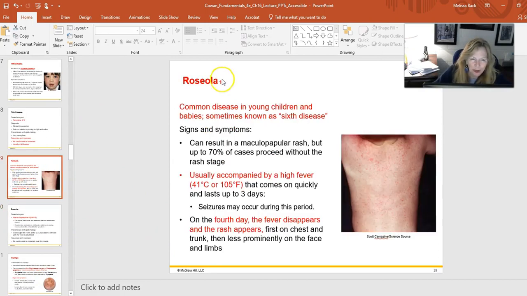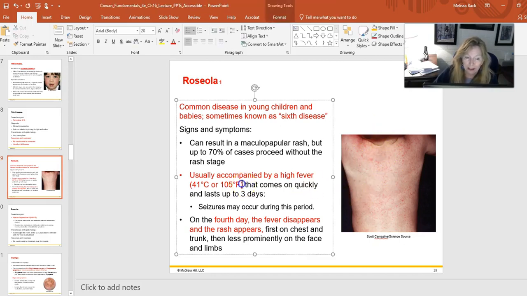Roseola. Roseola is again a very common disease in young children. This is referred to sometimes as the sixth, a maculopapular rash disease, the sixth one. But roseola is again a virus that can lead to a very distinctive kind of rash that usually happens after a very high fever. And this fever will come and go.